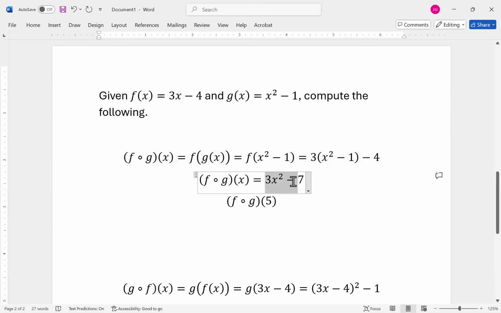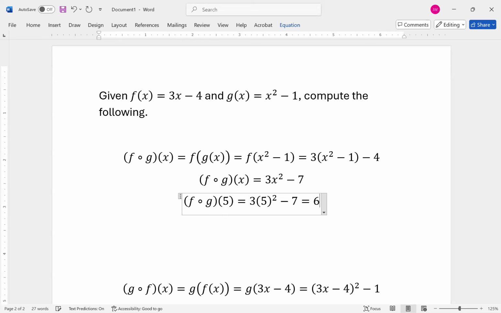We know now that that's 3x squared minus 7. So I could just plug in 5 into 3x squared minus 7. I'd get 3 times 5 squared minus 7, which would be 3 times 25 minus 7, or 68. That's 75 minus 7, 68. So we could do that if we'd like.